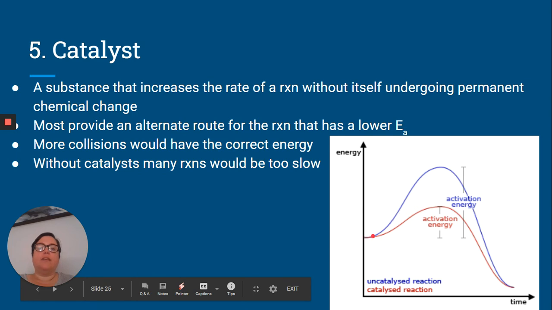So we're just offering the reactants a different pathway to get to the products, and it would have a lower activation energy. So when we say that a catalyst decreases the activation energy, what we're really saying is we're just giving it a different path with lower energy to create those products. Remember, the catalyst is not a reactant and it's not a product. It's just offering that alternative pathway.